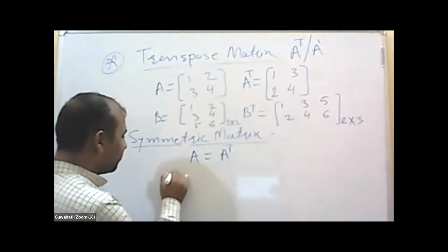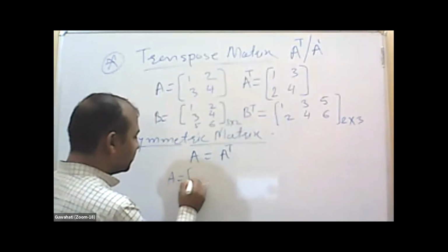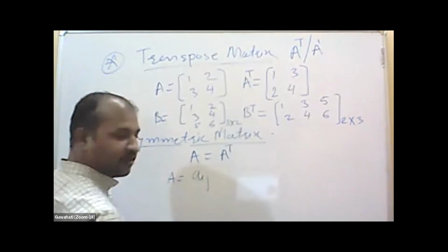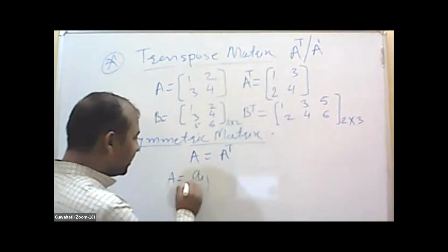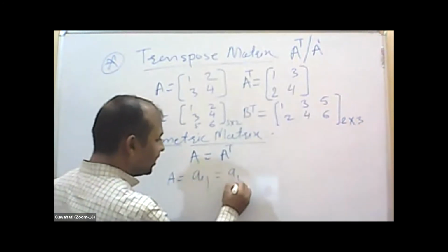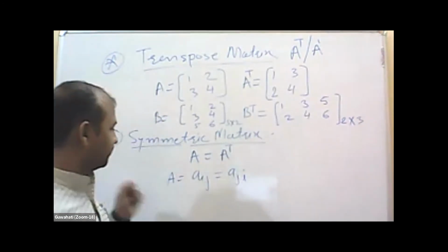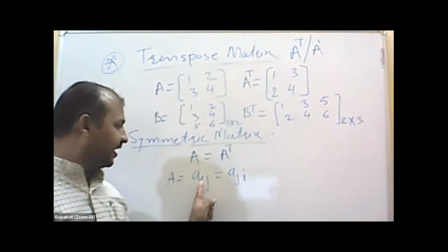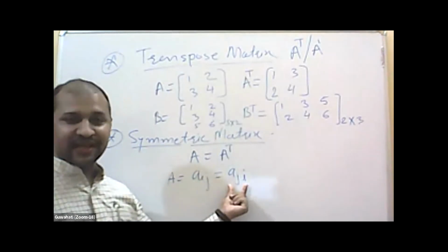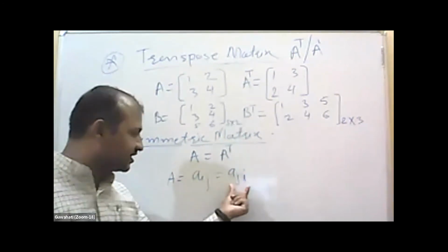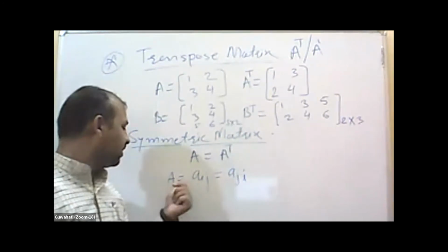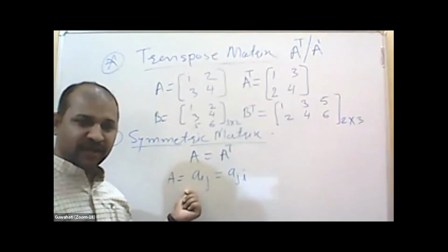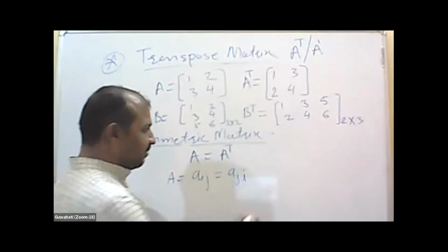So in general, what is this? A_ij is the same as A_ji. If this condition is satisfied, then that particular matrix we call a symmetric matrix.